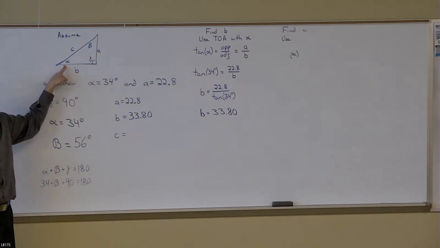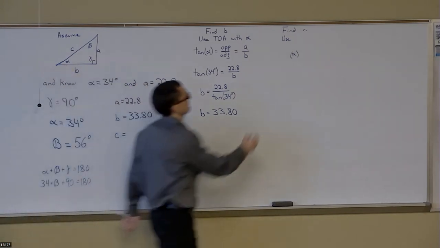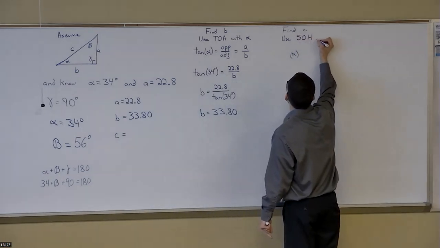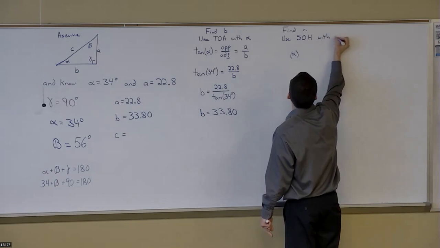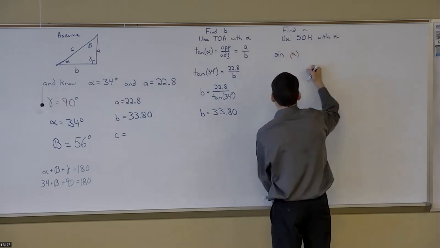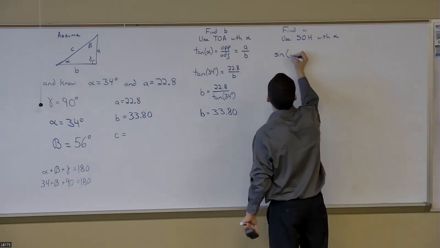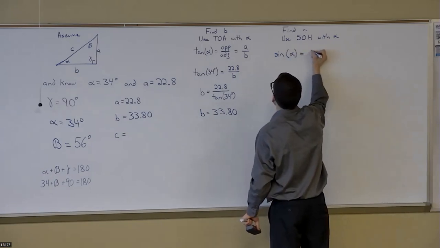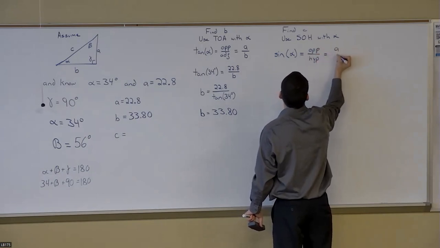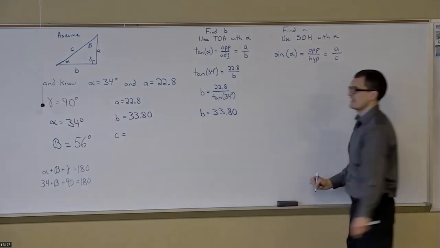Sine is opposite over hypotenuse. Sine of alpha is the opposite over the hypotenuse. Opposite of alpha is A, the hypotenuse is C.